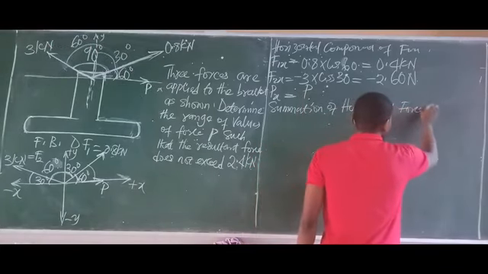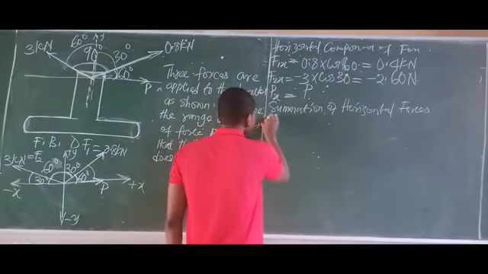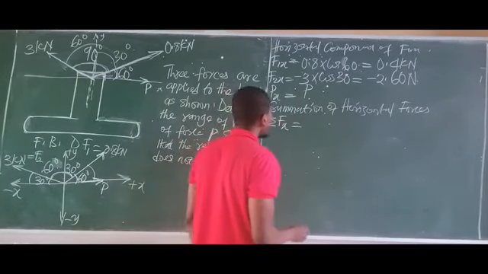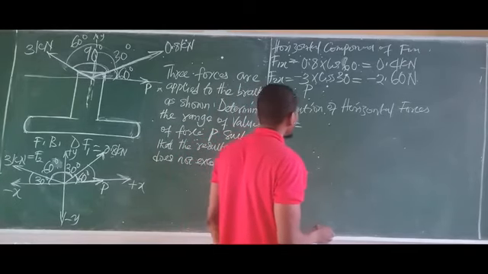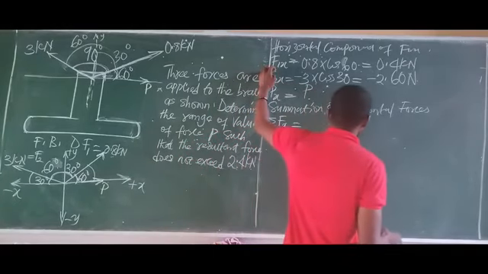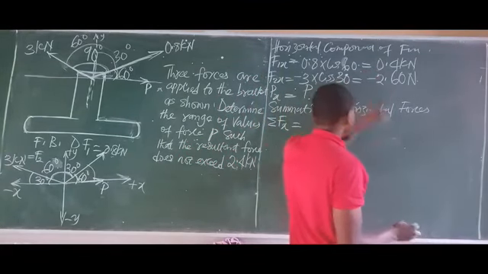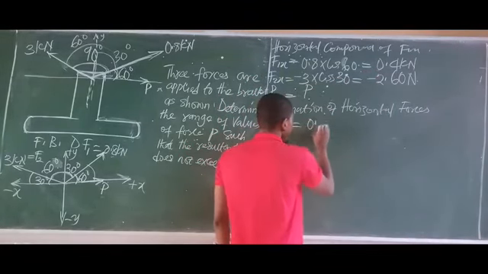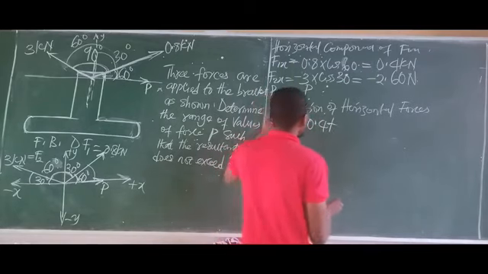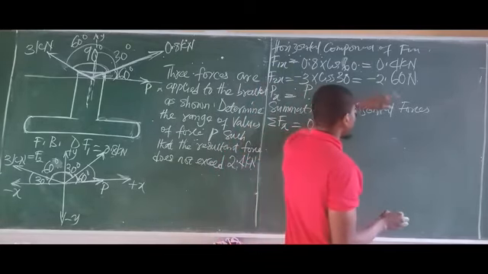Summation of horizontal forces. So we simply call that summation Fx, and that's equal to the sum of all the horizontal components together. Remember, F1x gave us 0.4 kilonewton. So you have 0.4 plus F2x, which gave us minus 2.6.